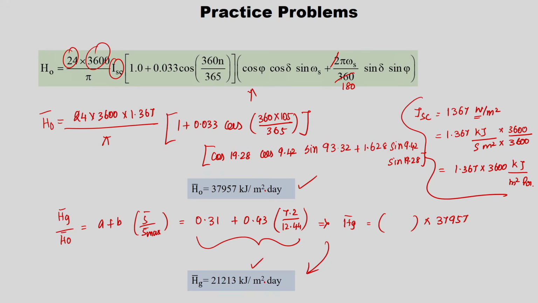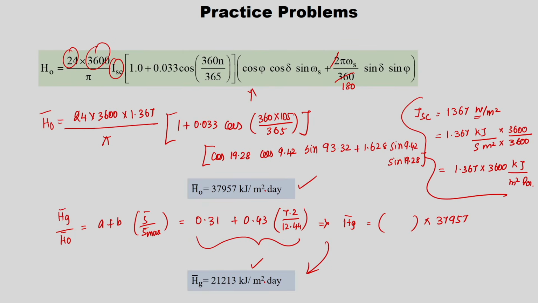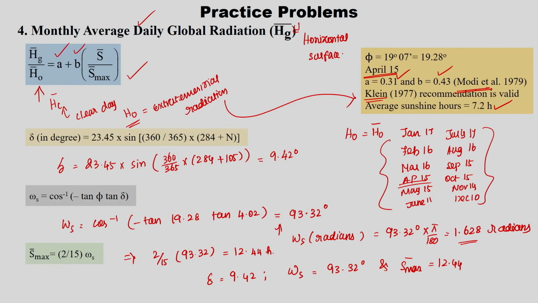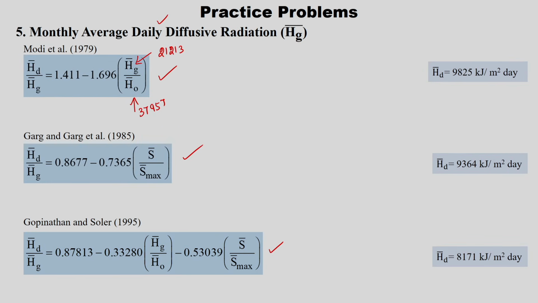That Hg value only we are going to use here, 21213. H naught is 37957, and from that AB proposed by Modi et al., we got Hg as 21213 kilojoules per meter square day. So, these two values we will use here.